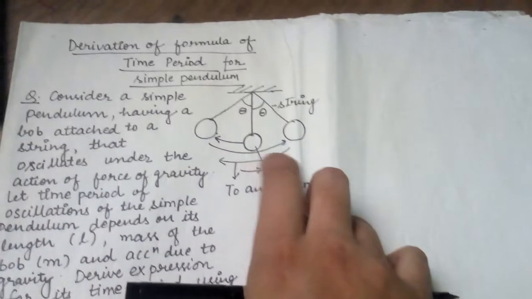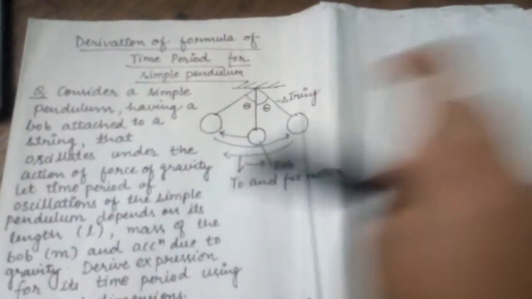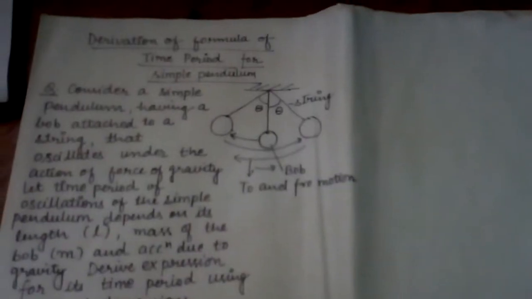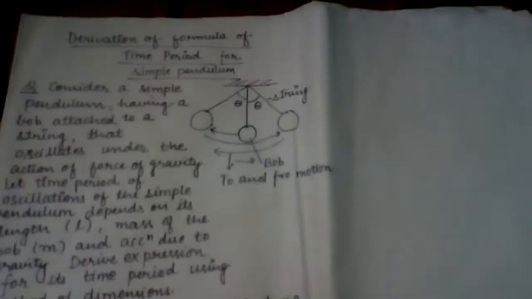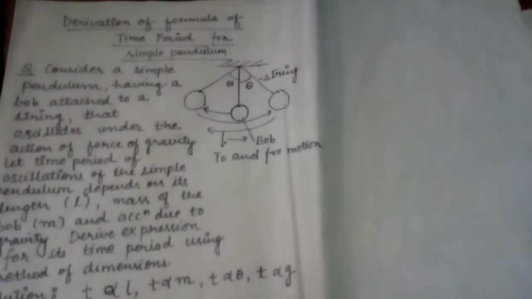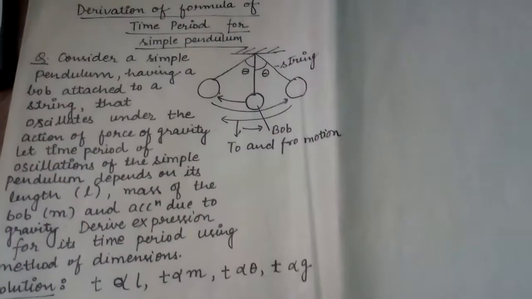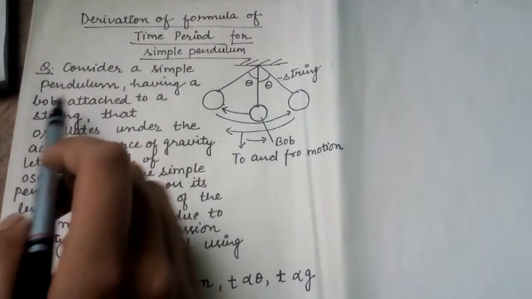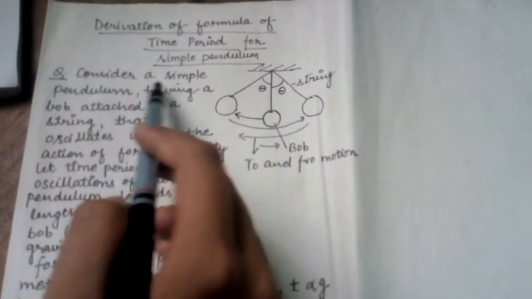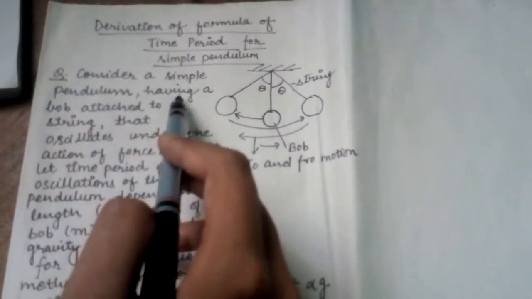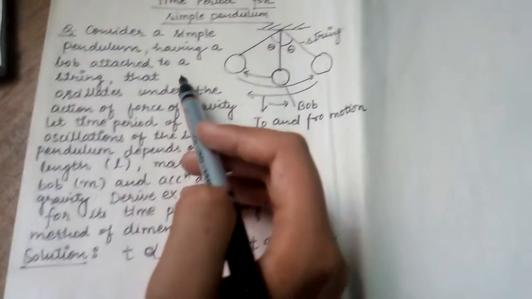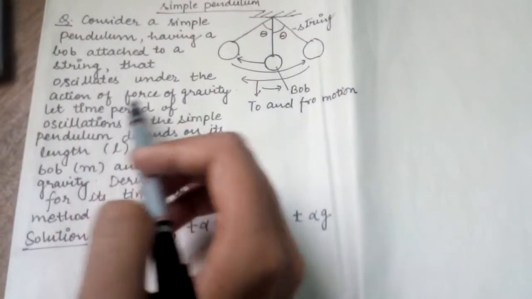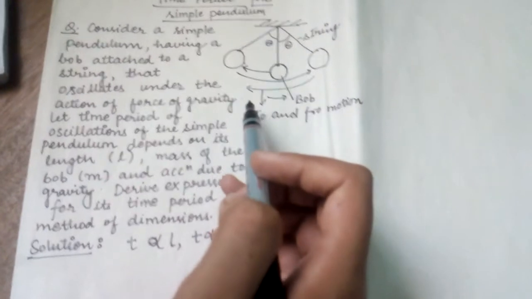In class 11th, the question asked in CBSE is: derive the formula for the simple pendulum. It's an NCERT question. Consider a simple pendulum having a bob attached to a string that oscillates under the action of force of gravity.